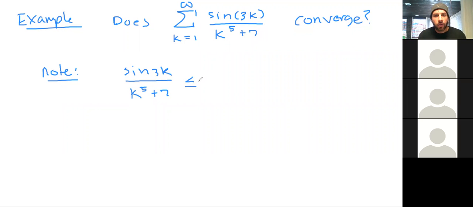I don't care what I plug into sine, the largest it ever is is 1. So I can replace sine with 1. What is my rationale for this? Don't ever forget that -1 is less than or equal to sine x less than or equal to 1. I'm using that fact right here.